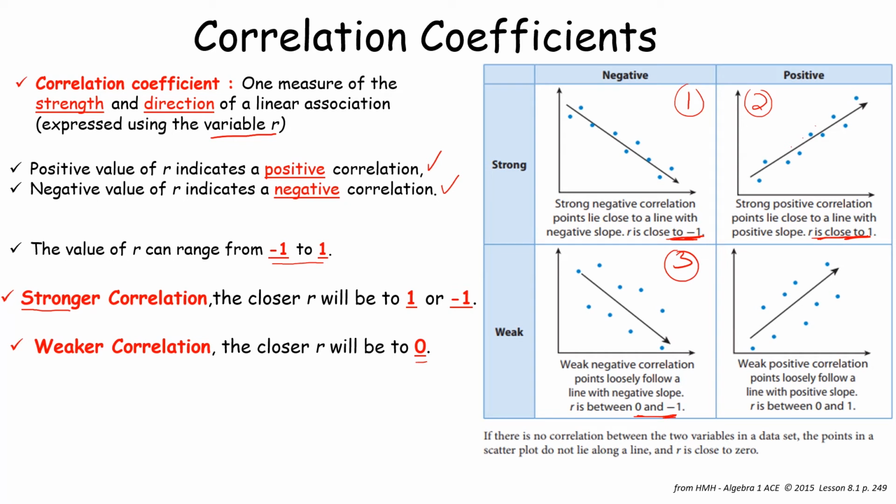So remember, it's weaker. It's going to be closer to the 0. For the weak positive, it's positive because that graph goes up from left to right, but it's loosely packed. And your r will be between 0 and 1. But of course, it'll be close to 0 because it is weak.